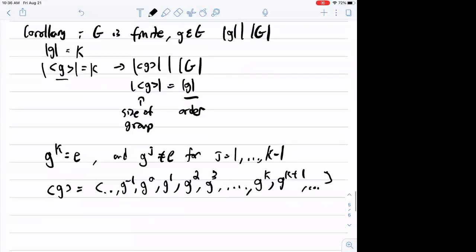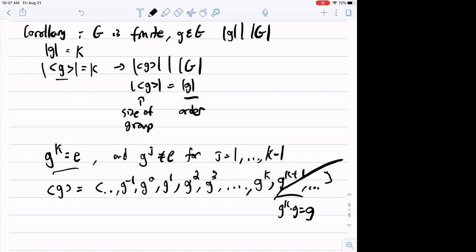But if the order is k, then g to the k is e, and g to the k plus 1 is just g. So you see you are repeating past k.